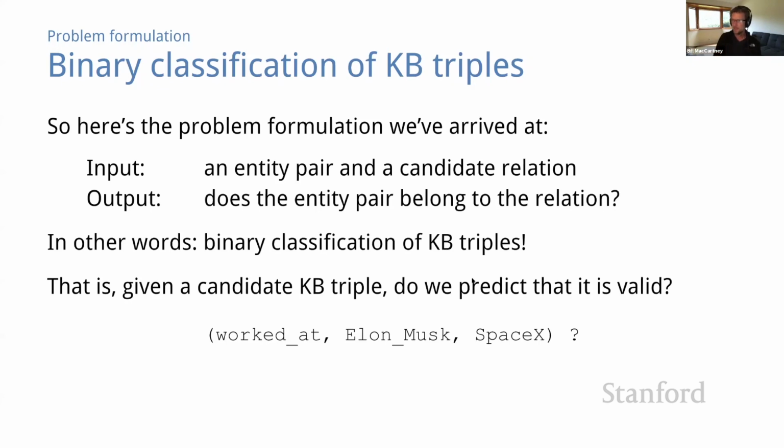We can use that data both for training and for evaluation. And once we've trained a model to do this binary classification, we can now consider novel KB triples, which don't appear anywhere in our data, and ask whether the model will predict them to be true. And by doing that, we may discover new relations that are not currently part of the KB that could be candidates for adding.